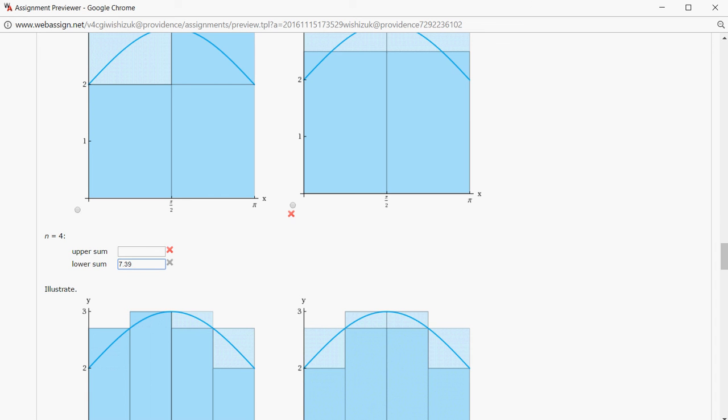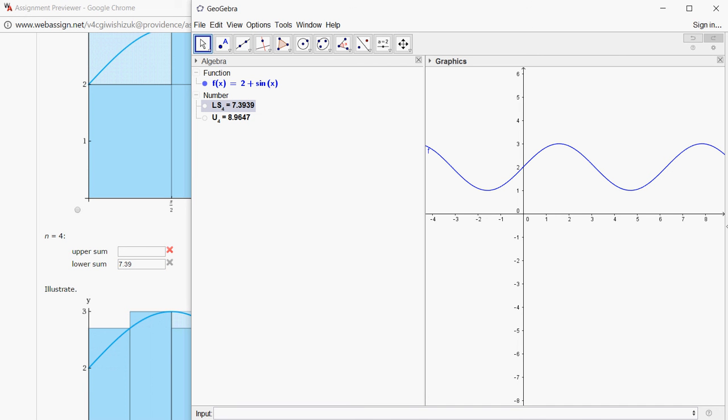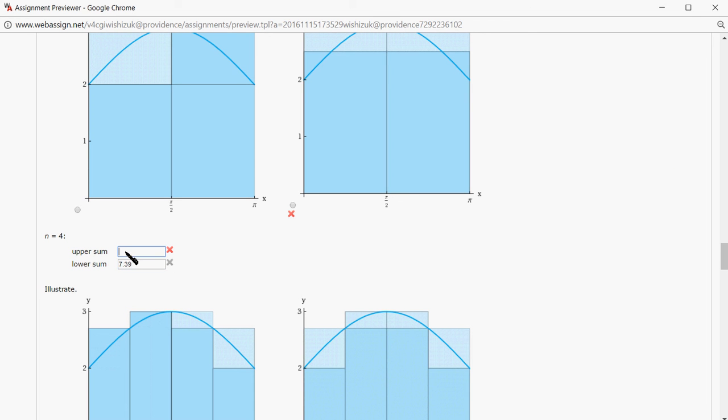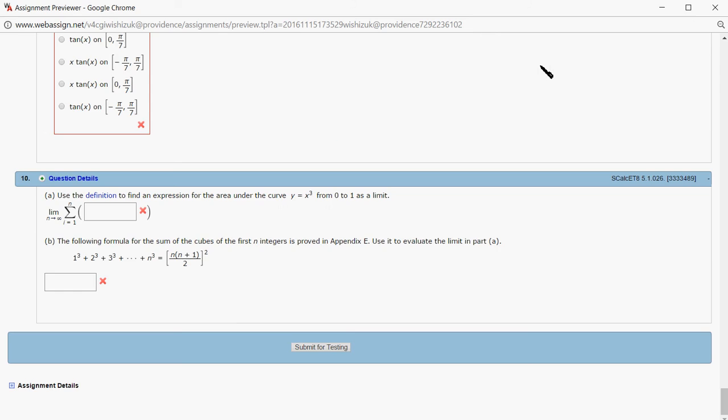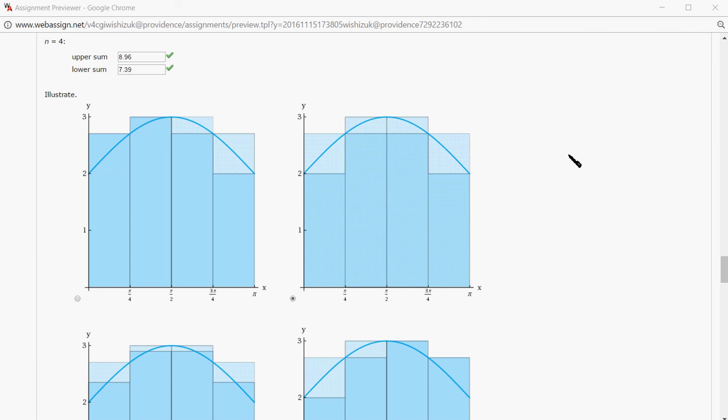What was the other one? It was 8.96. So the upper sum is 8.96. Let's check the answer and submit for testing. It came back, and we got the upper sum and the lower sum correctly for n equals 4.